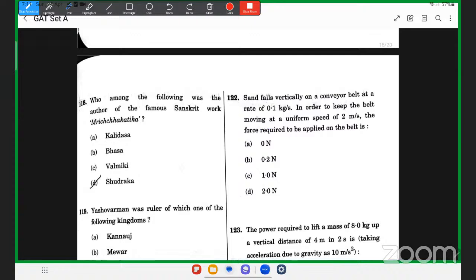Sand falls vertically on a conveyor belt at rate of 0.1 kg per second.